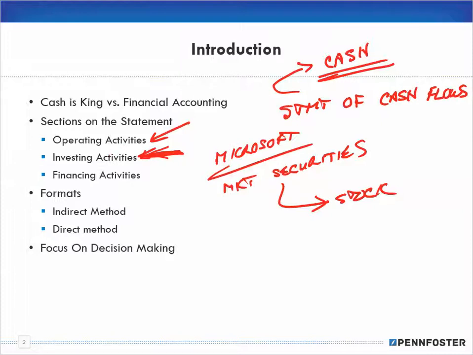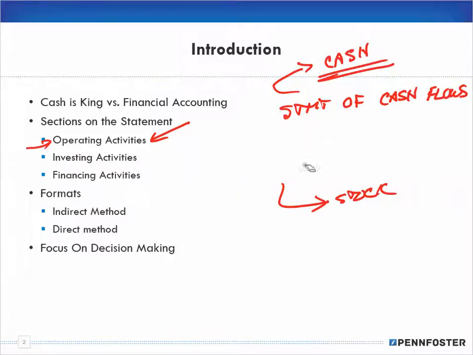Now, a majority of your adjustments are going to be made in the operating activity section. You're not going to have that many activities in your investing section, because most businesses, even mid-sized businesses, don't do much as far as investing is concerned. But financing activities is the section where you're getting bank loans, this type of thing.